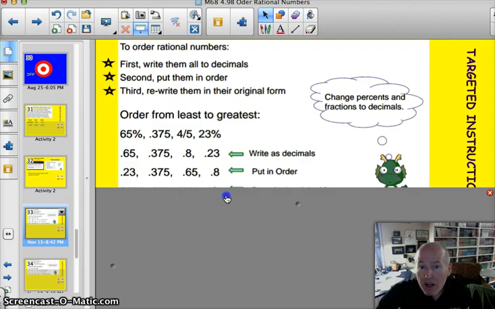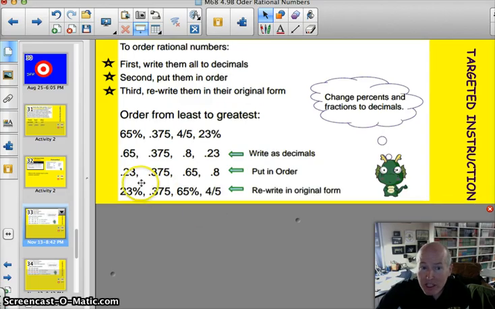All right? Now, the final step is to rewrite them in their original form. Oftentimes on the test, the answers will be listed like this. So we have to go back and say 0.23 was actually 23%. 0.375 stays. It was a decimal the whole way through.